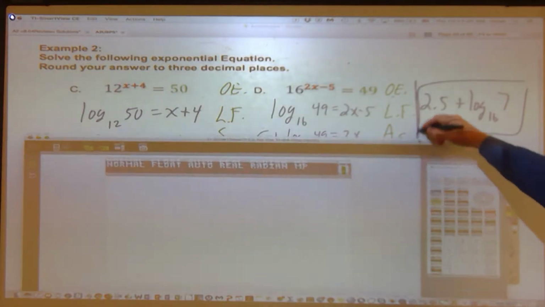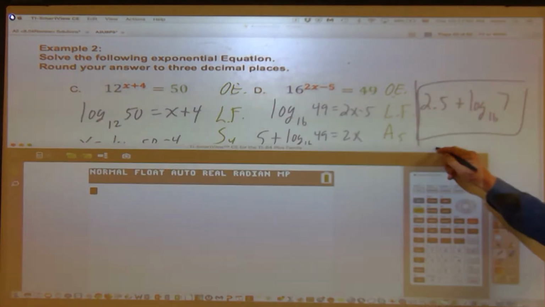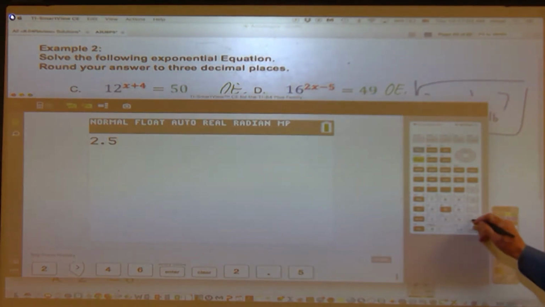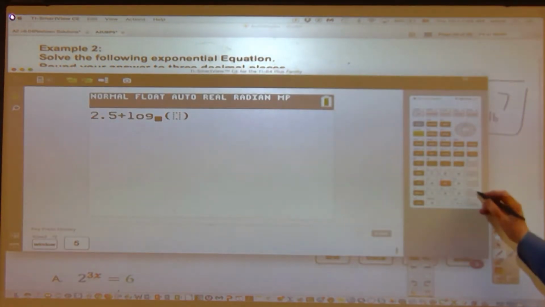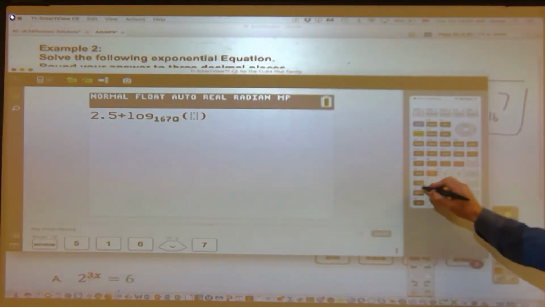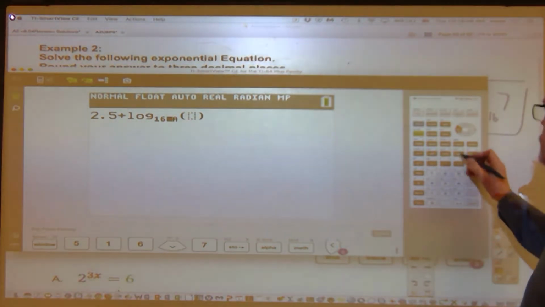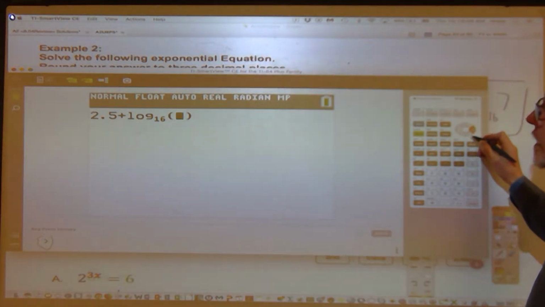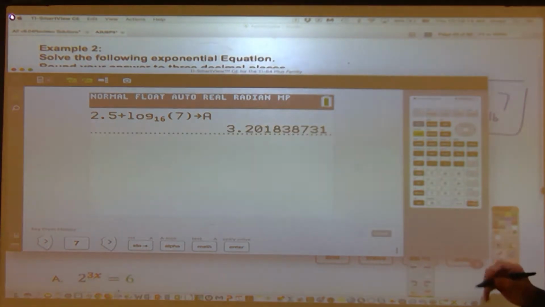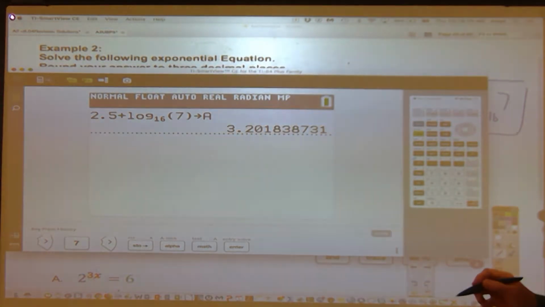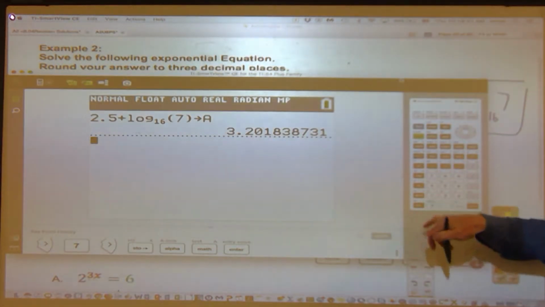So would you please type in 2.5 plus log base 16 of 7, store alpha A, where A stands for the answer. Enter. Okay. So the answer is about 3.28. Store is right here next to the left of the number 1.